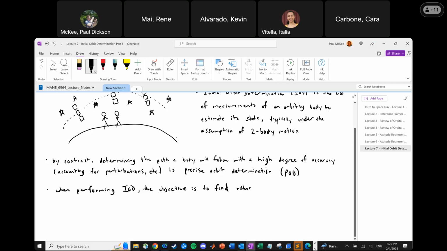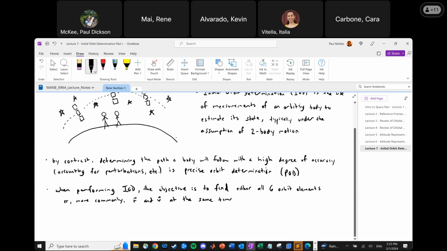The objective is to find either all 6 orbit elements or, more commonly, position and velocity at the same time.